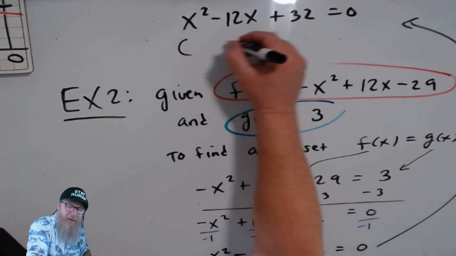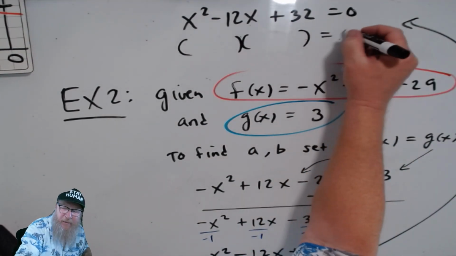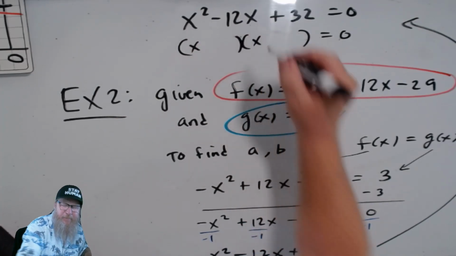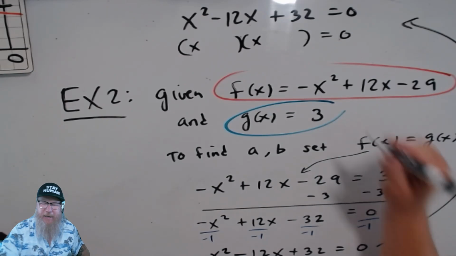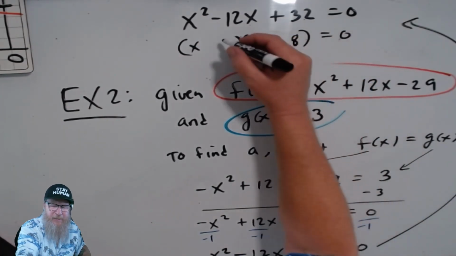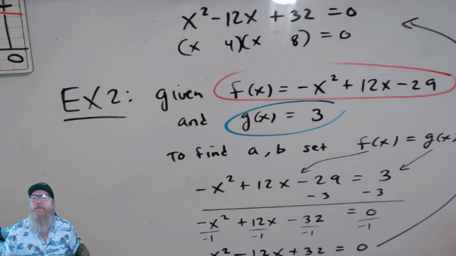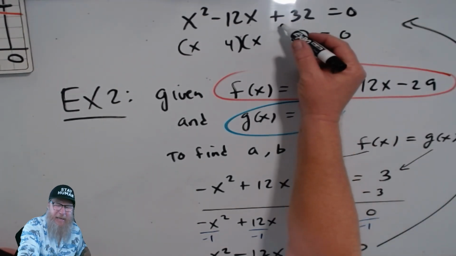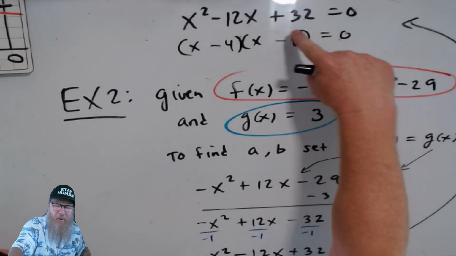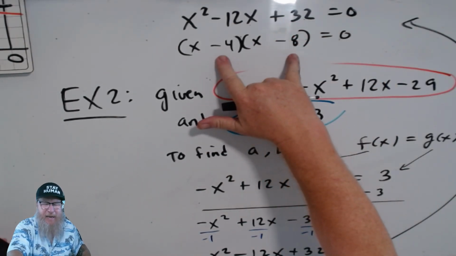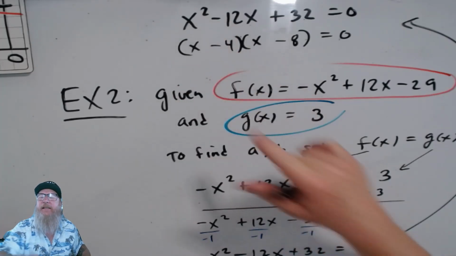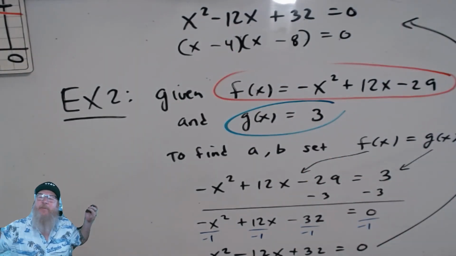If necessary, use the quadratic formula. If you can do it an easier, softer way, then please do that. I noticed that 32 is 8 times 4, and that negative 8 times negative 4 is positive 32. I also noticed that negative 4 plus negative 8 is negative 12. So that saves me a lot of time.